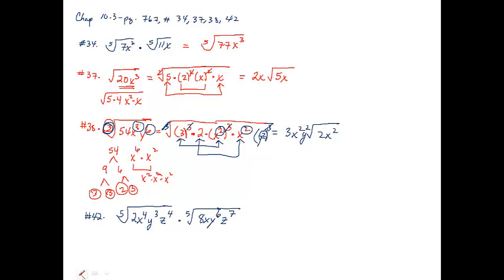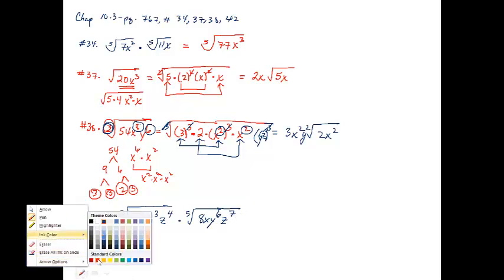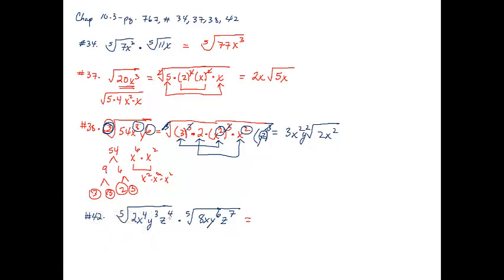First things first, if they have the same root, then we can multiply them together. So they both have the fifth root, so keep the root, and then multiply. 2 times 8 is 16, and then x to the fourth times x is x to the fifth, y to the third times y to the sixth is y to the ninth, z to the fourth times z to the seventh is z to the 11th.